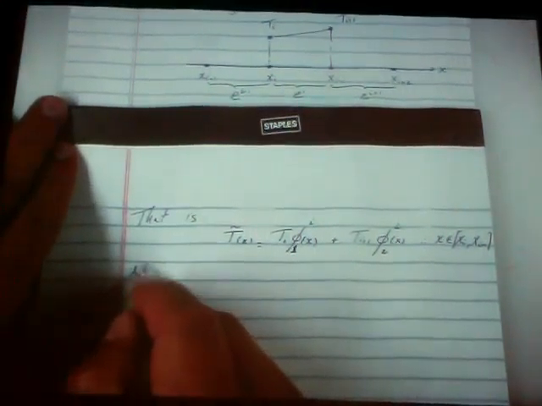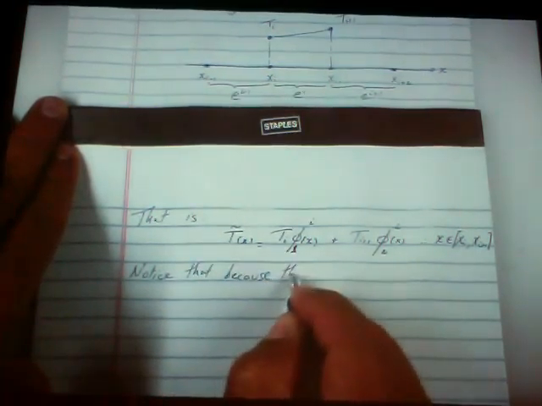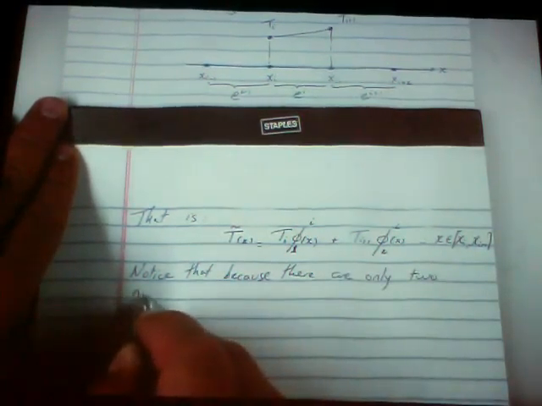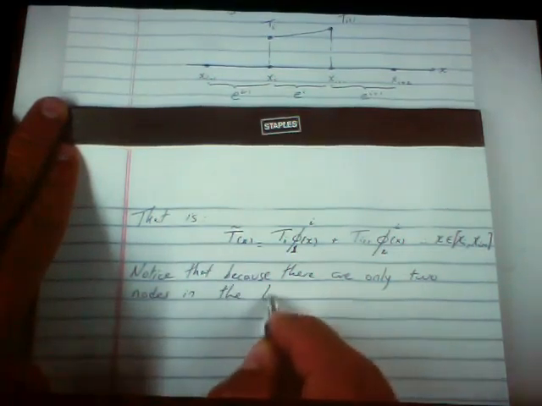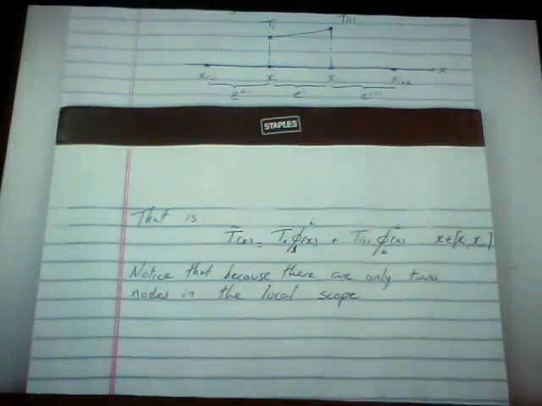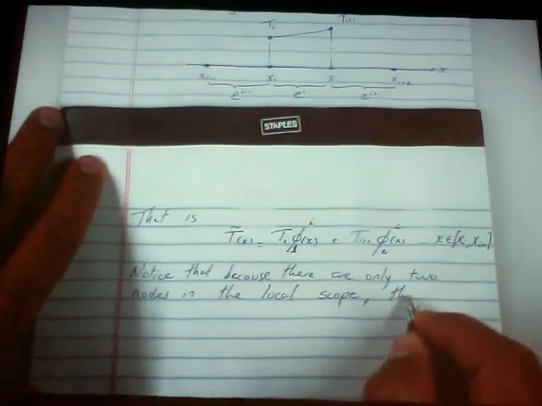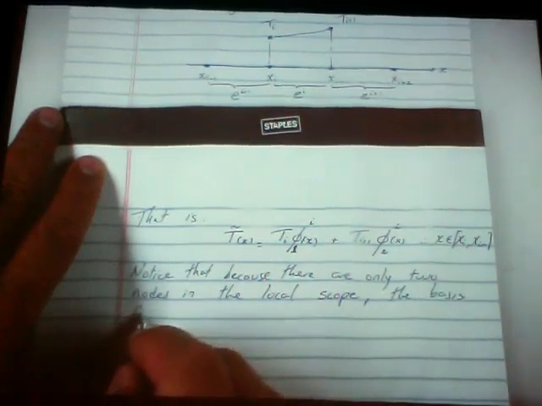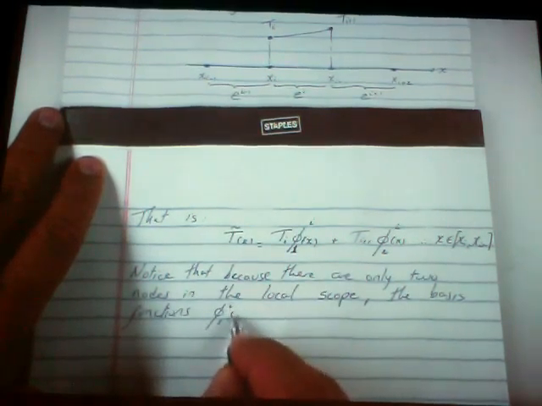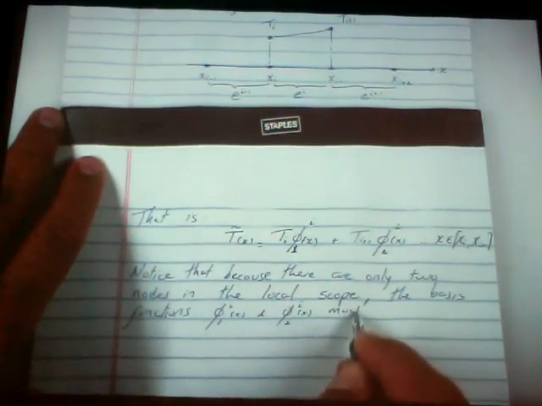Now notice that because there are only two nodes in the local scope, the local region between xi and xi plus 1, the basis functions phi1 of element I and phi2 of element I must be linear.